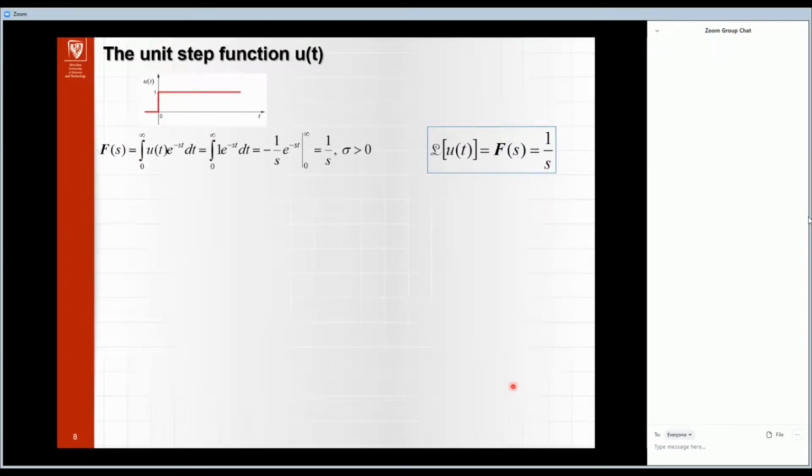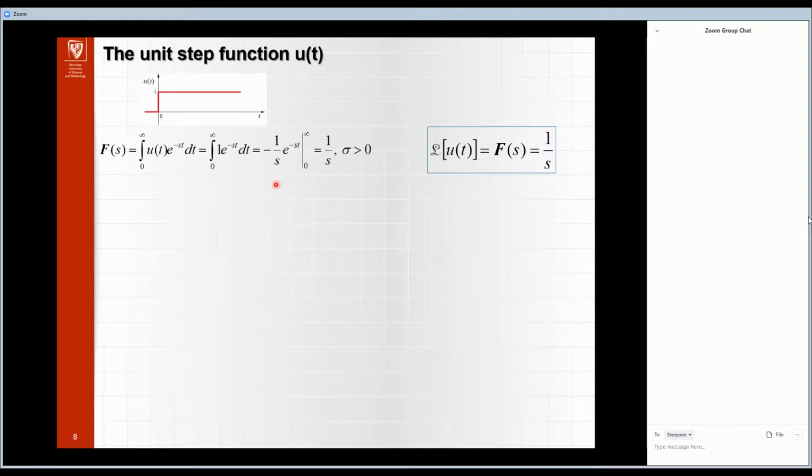Okay, and now we can try to find the Laplace transformation of these unit step functions. So we are using the definition for this, and I put here u(t) and this integral, and we know that the value of this integral at the limit is equal to 1.